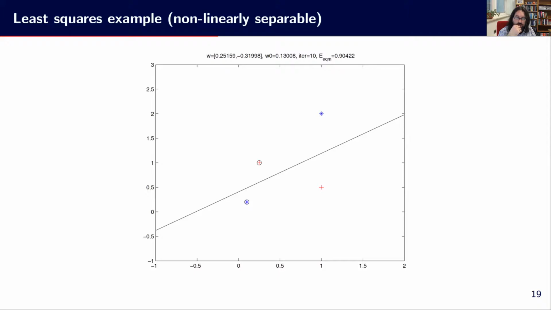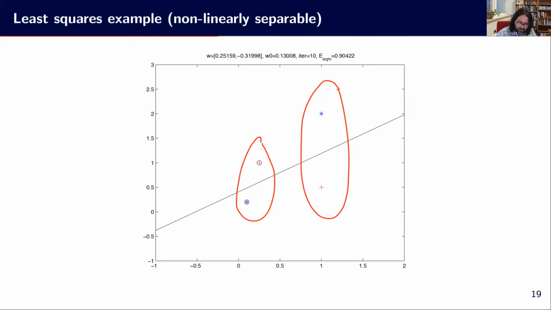But one thing to look at is why are these 2 samples misclassified, and why are these two others well classified? We can see that these 2 on the right are far away from the decision hyperplane, and that means that they are also contributing a lot to the error.